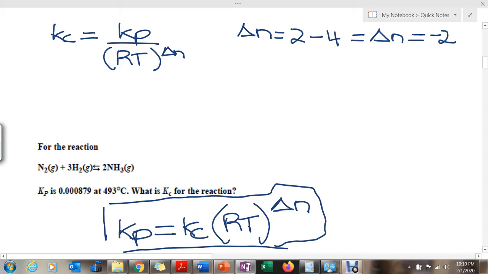The Kp is given, 0.000879. The other thing we have to do is convert 493 Celsius plus 273 equals 766 Kelvin.